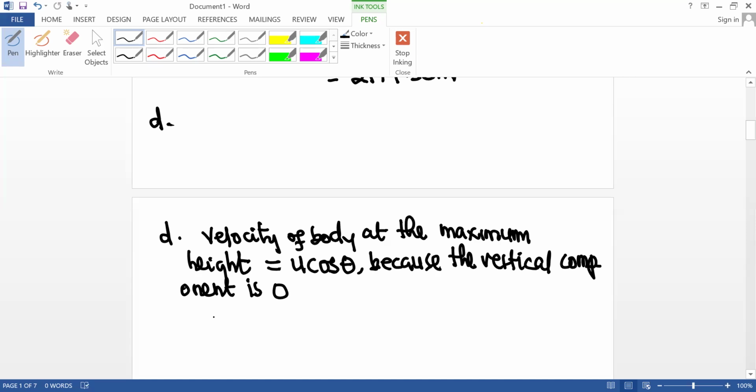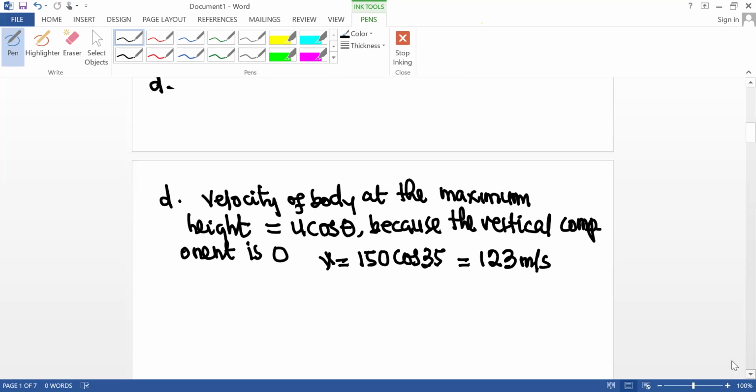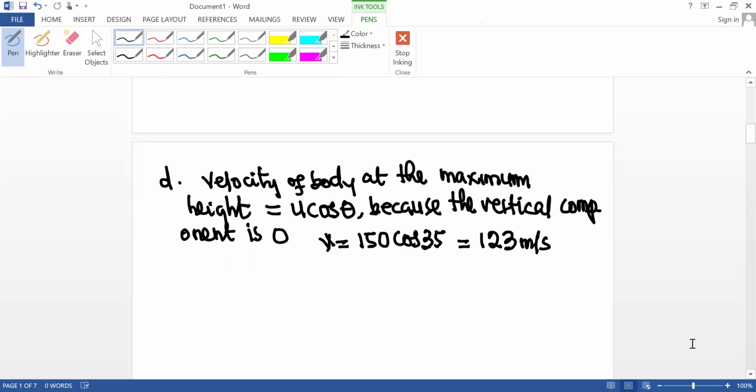So if it is u cos theta, then the velocity of the body at the maximum height will simply be v equal to 150 cos of 35, which is approximately 123 meters per second. This is the velocity of the body at the maximum height.